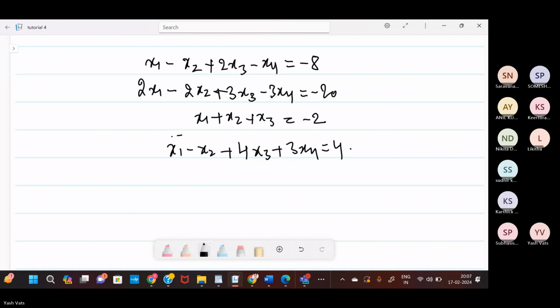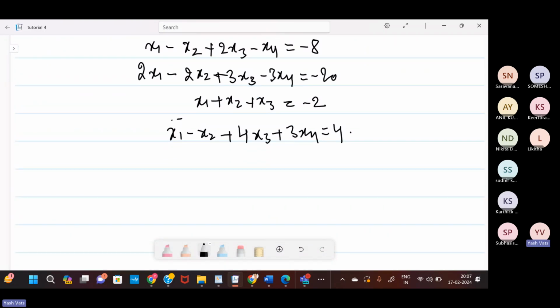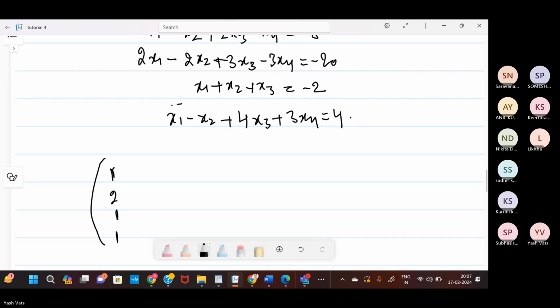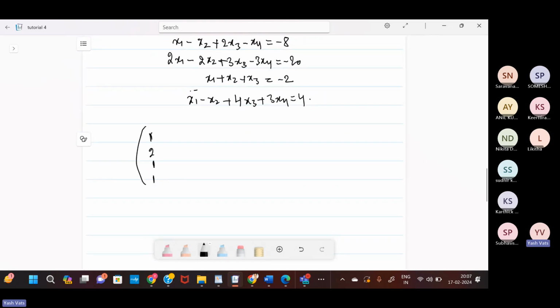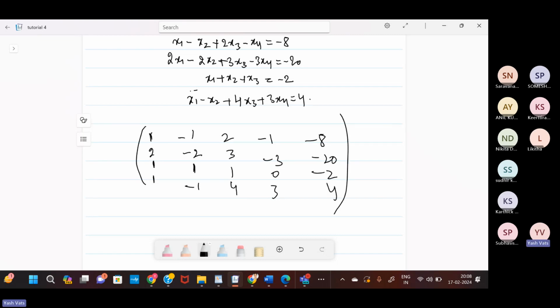Okay. So what is the first step? To find the matrix, right? 1, 2, 1, 1, -1, -2, 1, -1, 2, 3, 1, 4, -1, -3, 0, 3. Just check it once. Am I doing right or wrong? Is it right?